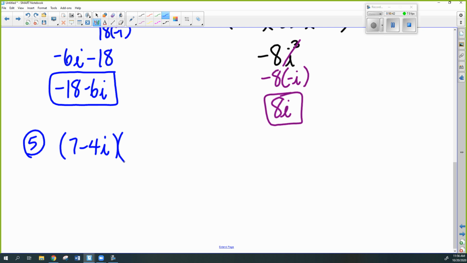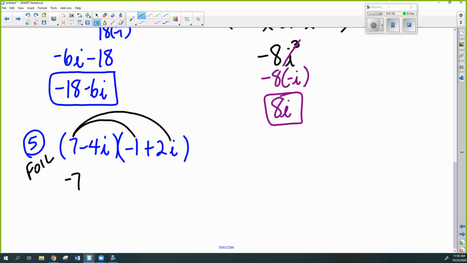All right, so here we have two complex numbers multiplied together, and it's a binomial times a binomial. So we're going to use our favorite four-letter F word and FOIL this thing. Okay? So first times first, outer times outer.